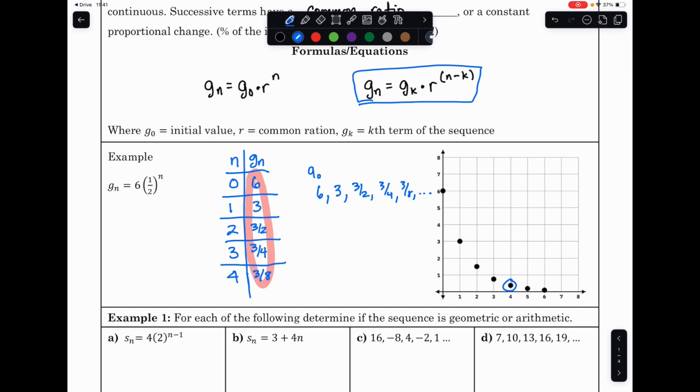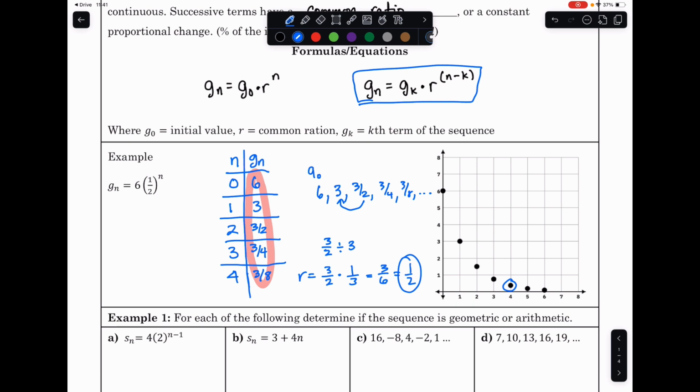So if I get this number right here, 3 over 2, and I divide it by 3, which is the same thing as multiplying by the reciprocal, so if I flip the 3 and write it as 1 over 3, and I multiply these two quantities together, that's going to be 3 over 6, which reduces to 1/2. So this right here is our common ratio, 1 over 2.